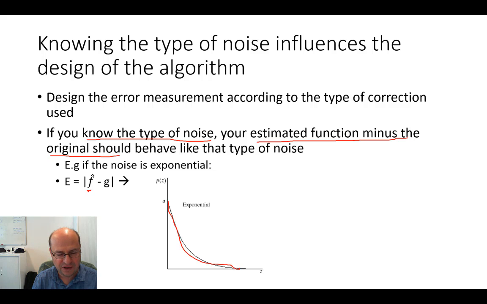If you get your estimated function, which is the correction, minus the noisy image, you should get the type of noise that you have. If you don't, depending on the difference, you can measure how different your curve is from the exponential, and that is a measurement of how well your algorithm worked.